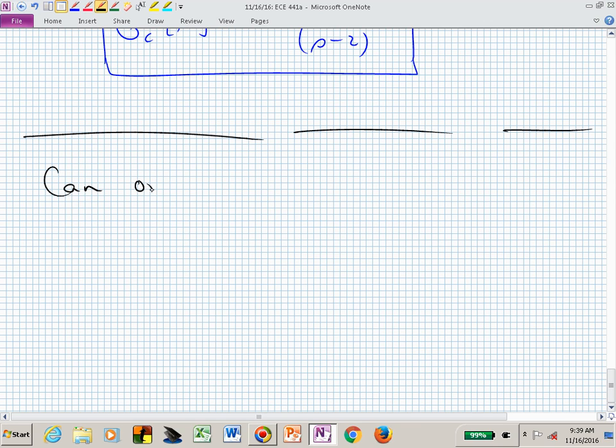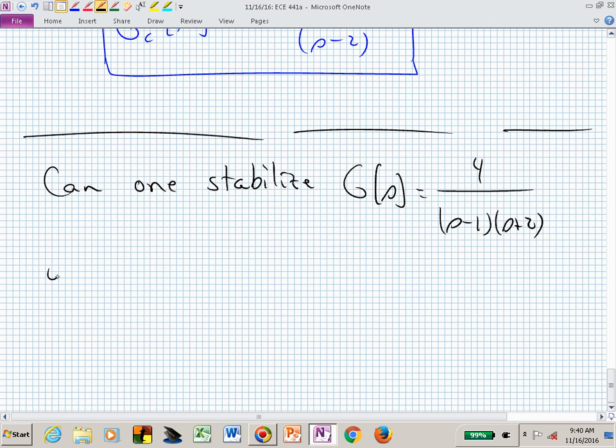Let me ask you another one. Can one stabilize G of s equal to 4 over (s minus 1)(s plus 2)? This is question 5 if you're keeping score. Question 5, this is now K with K greater than 0.